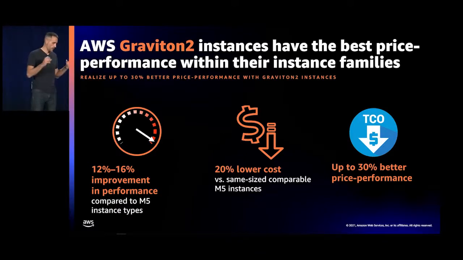The first point is it provides better performance, between 12 and 16% compared to the M5 instance type, but they are also cheaper, around 20% lower in cost. So that means you can really get these benefits for your EMR workload, and it's natively available. You don't need to change your code or compile code for this architecture. You can just take your code, drop it on a Graviton-based cluster, and you will get these benefits.